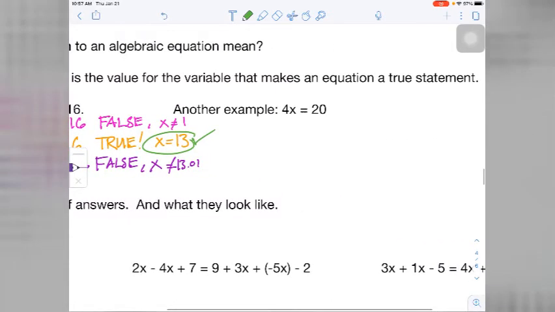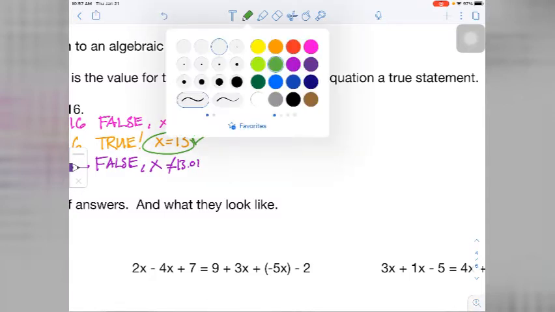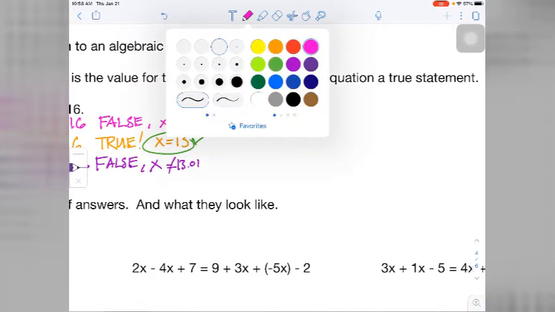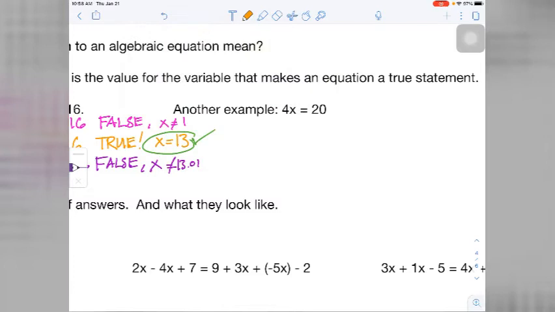Another example over here, 4 times a number equals 20. So if we do that math, same thing, what number do we multiply times 4 to get 20? Now, if you think about that for a minute, you'll come up with x equals 5.